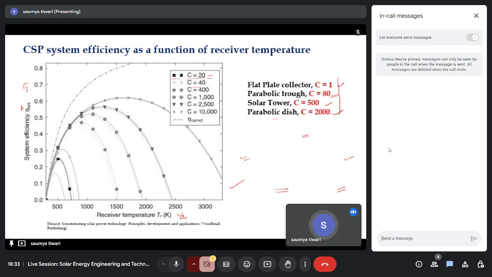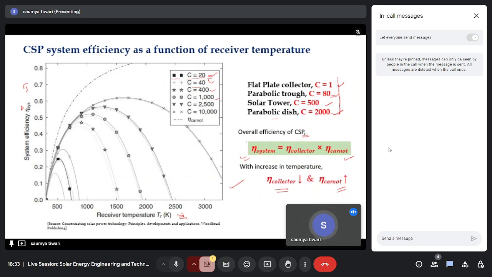We can see that as the receiver temperature increases, the system efficiency increases and then decreases, depending on what concentration ratio we are talking about. The overall efficiency of the whole concentrating solar system is the multiplication of your collector efficiency and the Carnot efficiency.